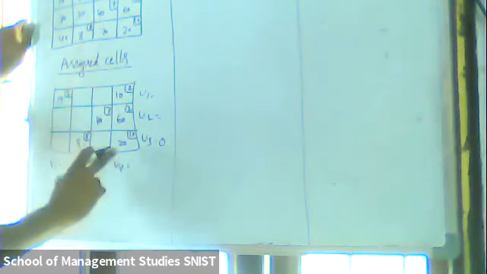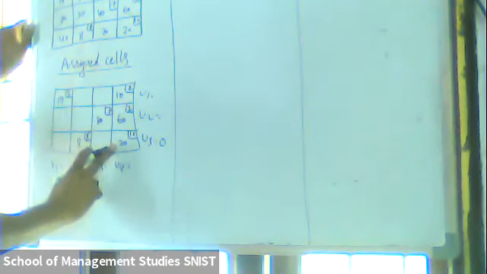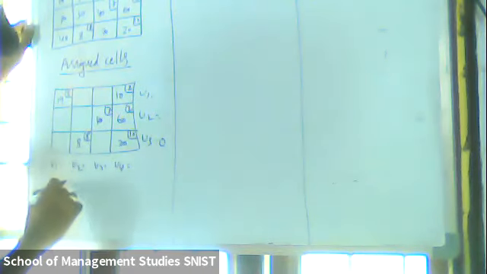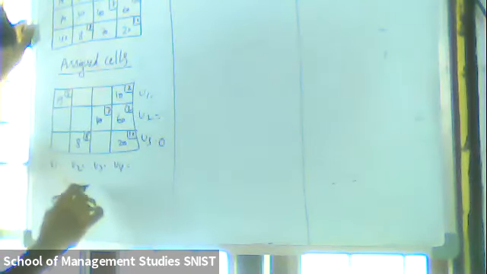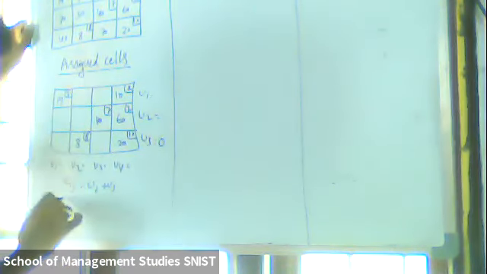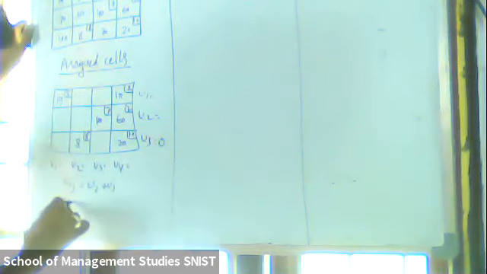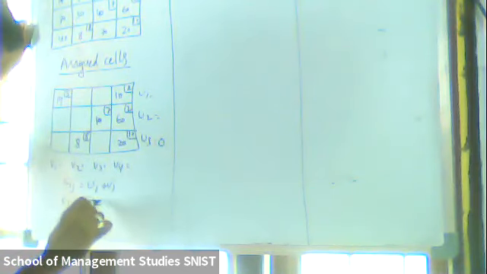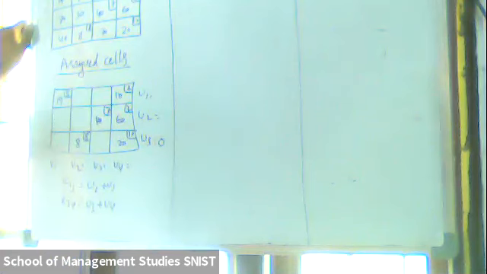So first, which one do we need to calculate? X34. Cij equals Ui plus Vj, so for x34 it is u3 plus v4, right?